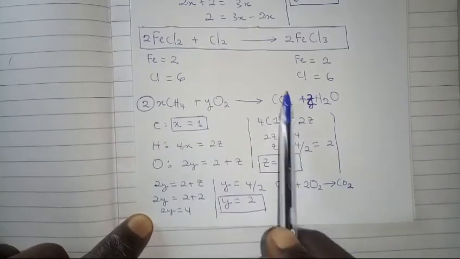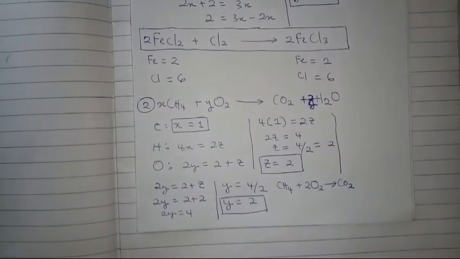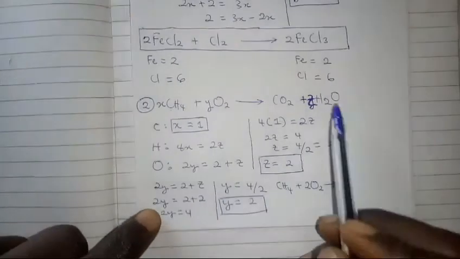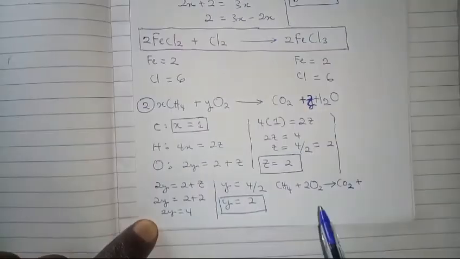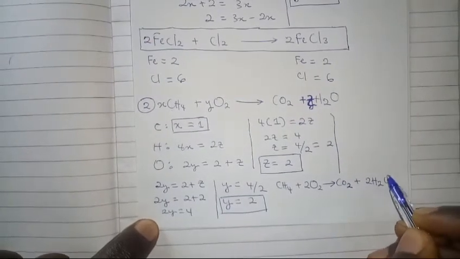So we don't need to put anything here anymore. Moreover, it's best to use only 3 letters to create your simultaneous equation when you need to solve. So for the Z on this side, our Z is 2. So that's going to be 2H2O.